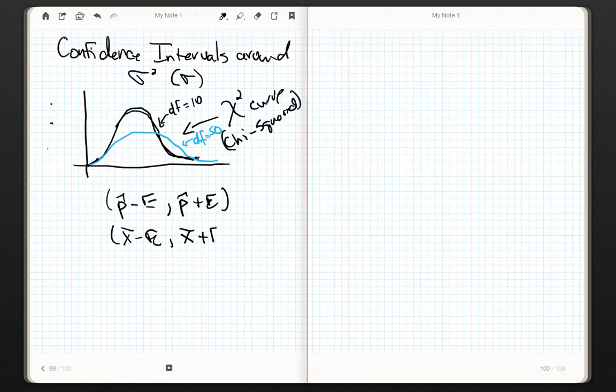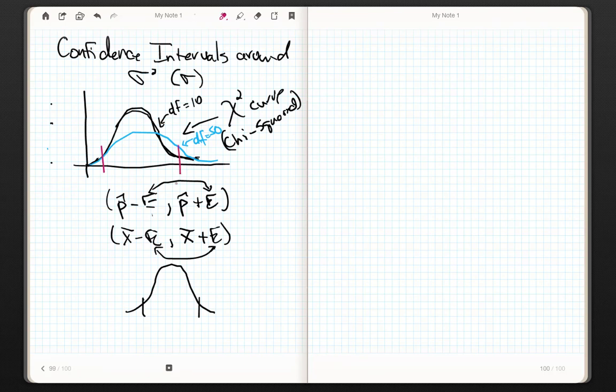In other words, these guys were always the same values, because they came from a curve that was symmetric. So I got a value here and a value here. Well, that's not going to work here, because this curve doesn't work like that. So when I go to find my values, I've got to get a little more complicated, okay?